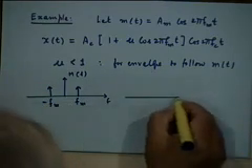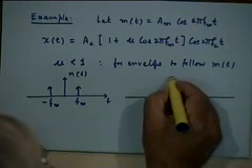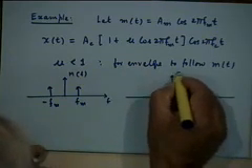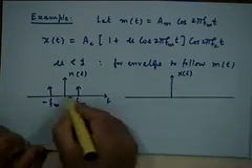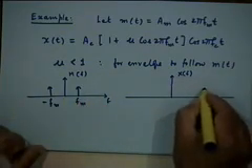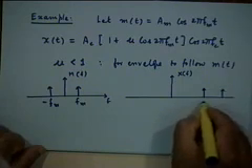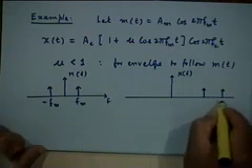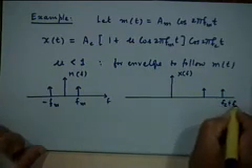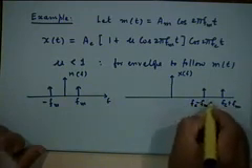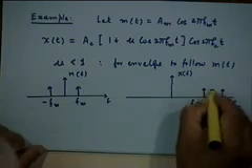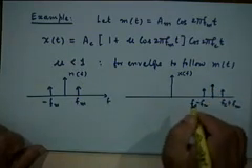After modulation, the spectrum of the modulated signal X of f, you will have these components at f_c, f_c plus f_m, f_c minus f_m, and also there will be a carrier component, right.